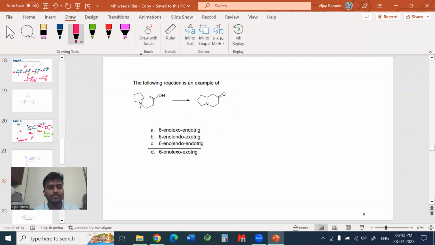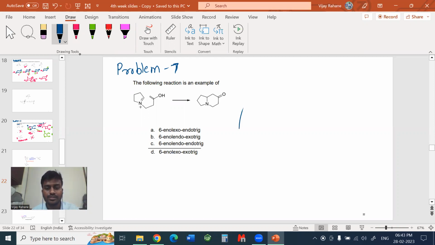The next problem is an example of the Baldwin rule only, and in this one they have given the reaction, and we just need to tell which is this reaction.